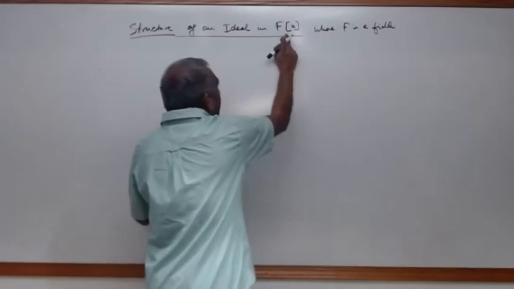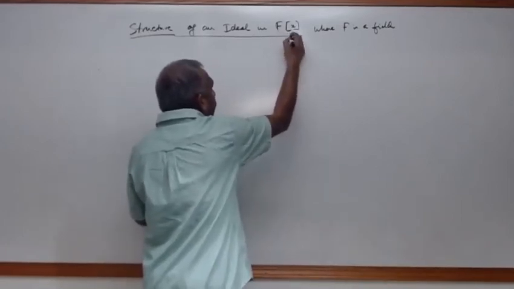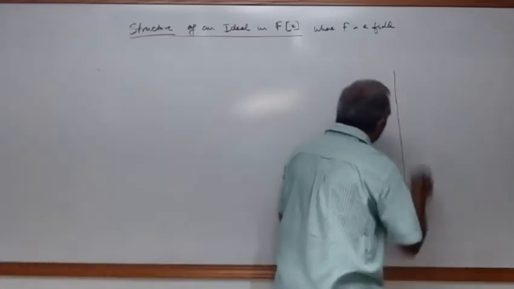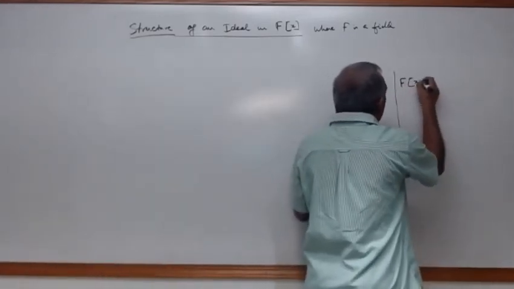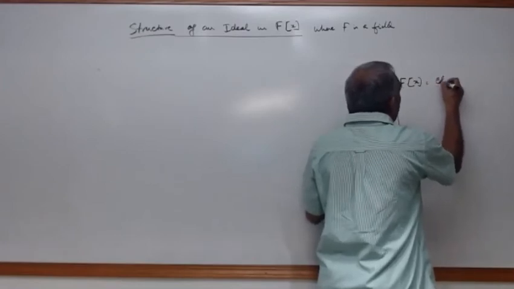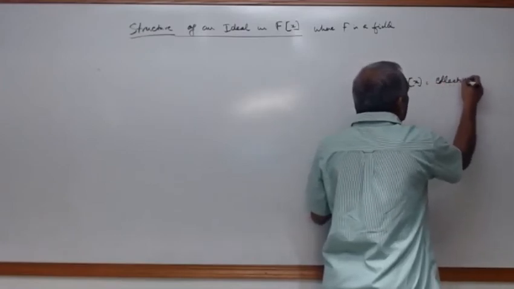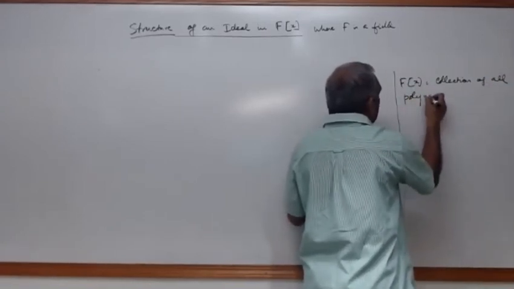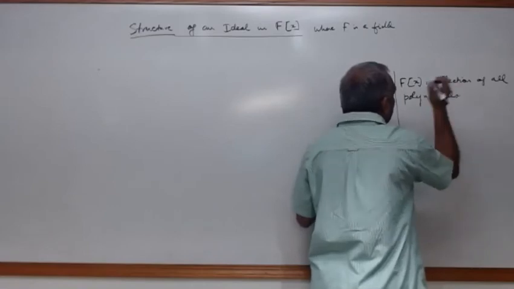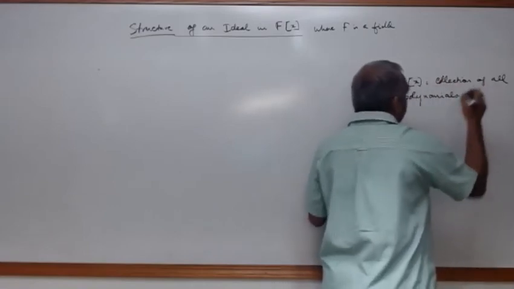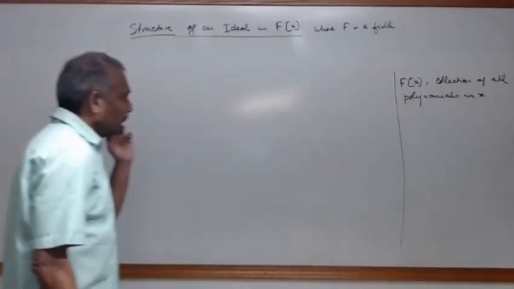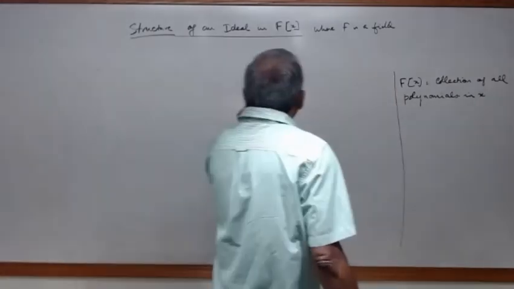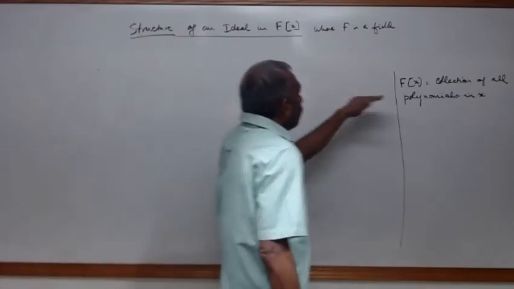This is a ring even though F is a field. F of x is the collection of all polynomials in x. And we know that this is a ring, so we can think about ideals here.